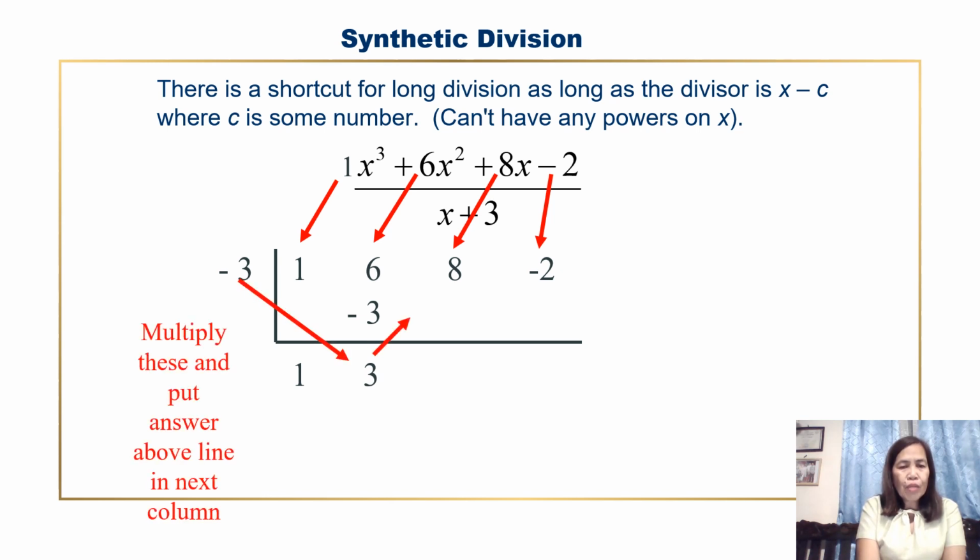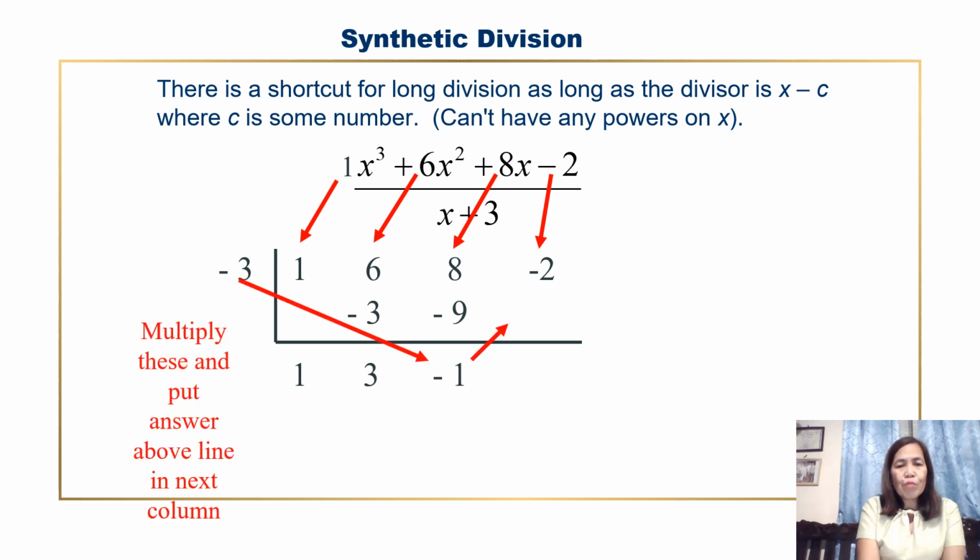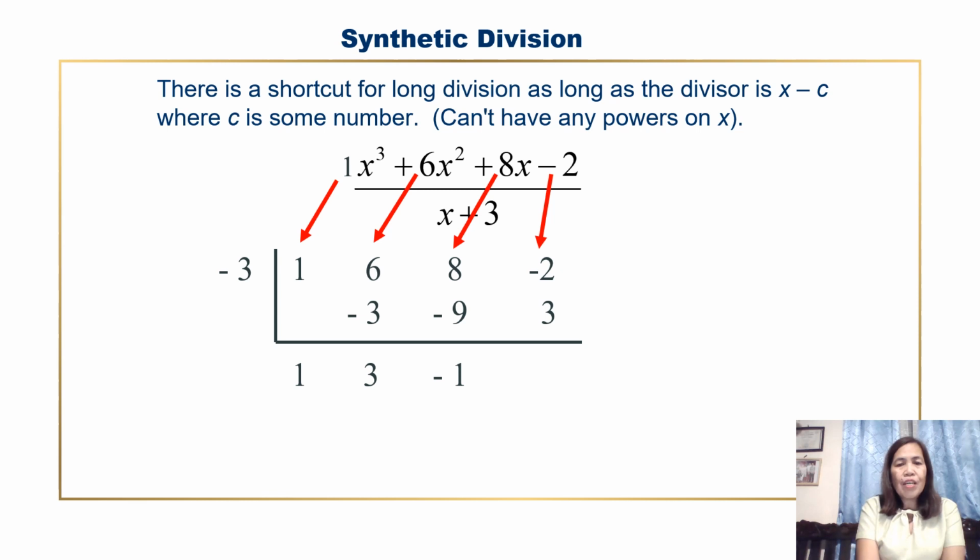And then repeat the process. 3 times negative 3 is negative 9. Add this up. 8 minus 9 is negative 1. Negative 1 times negative 3 is positive 3. Add this up. Negative 2 plus 3 is 1. This one is the remainder.